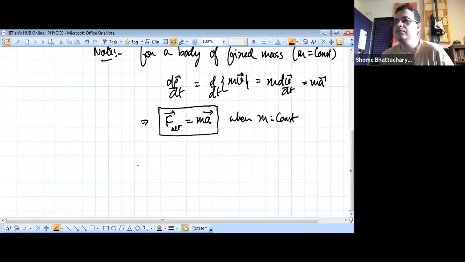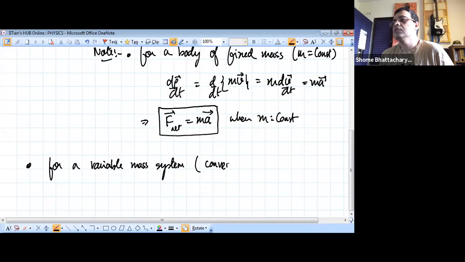Whereas also we have variable mass systems, like a conveyor belt on which mass is being added, or a rocket kind of system constantly throwing out mass in the form of burning gases, or a leaking tank or something like that.